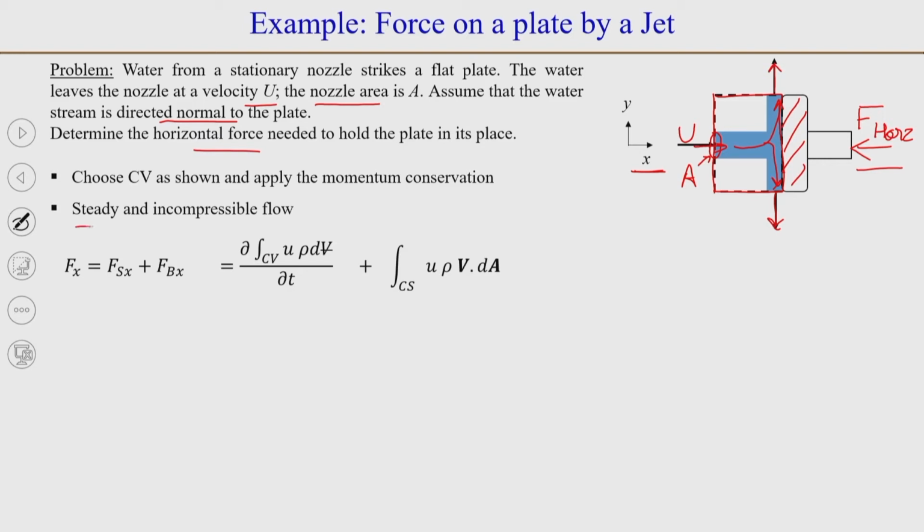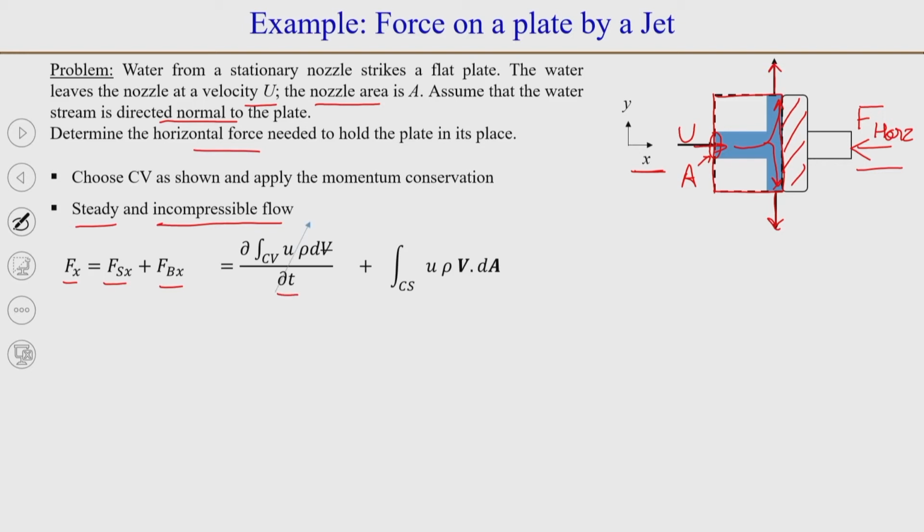Of course, we will assume the flow to be steady and it is flow of water, so it is an incompressible flow. The force can have surface forces and body forces, but there is no body force along the x direction. So, this body force will eventually be 0, the flow is steady, so this term will be 0.